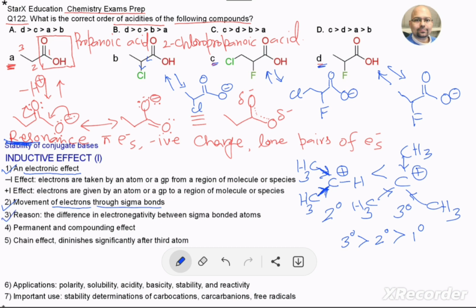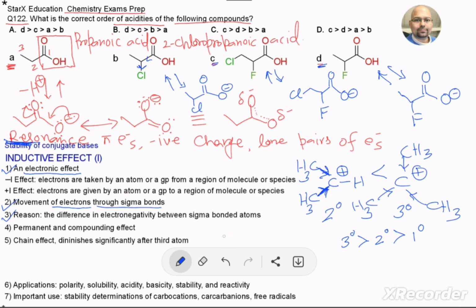Now third point here is that the reason for this type of electronic effect is because there is a difference in electronegativity between sigma bonded atoms. So here we see that this chlorine is more electronegative than the carbon.